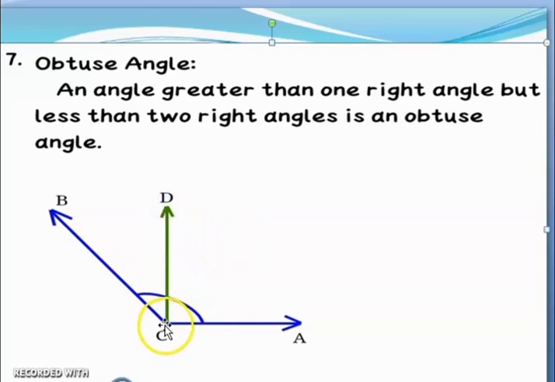Here this angle DCA is a right angle, that is 90 degrees. After 90, 91, 92, 93, 94 till 179, all are obtuse angles.